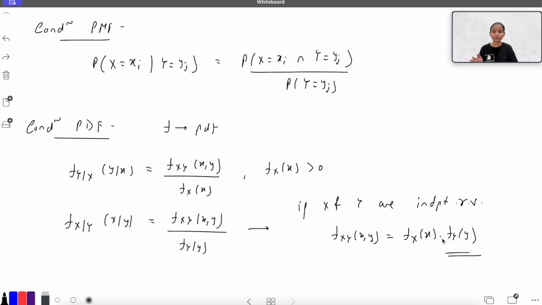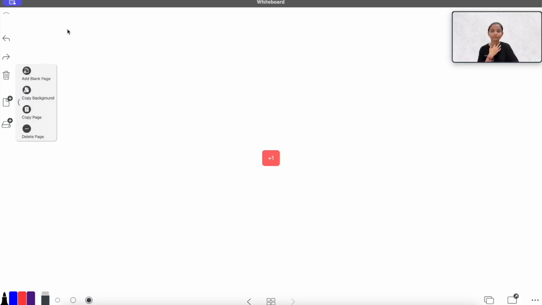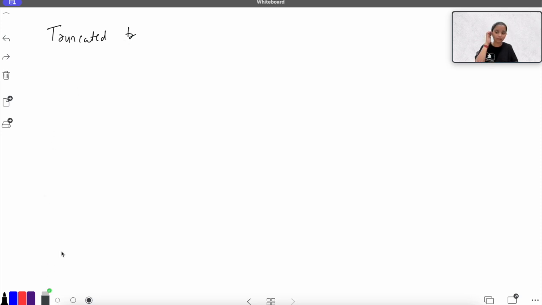Okay, now in the next lecture we will be discussing... we have discussed basically the distribution function, probability mass function, and probability density function for one dimension and for two dimensions. Now there is one more important thing, that is the truncated distribution.